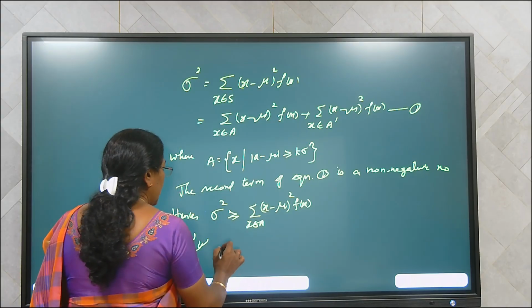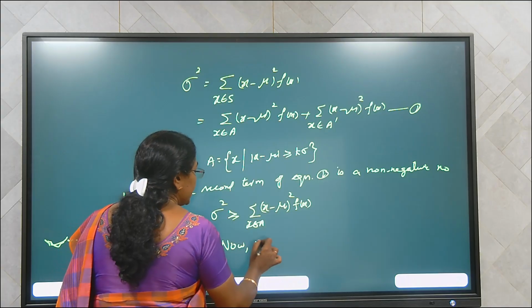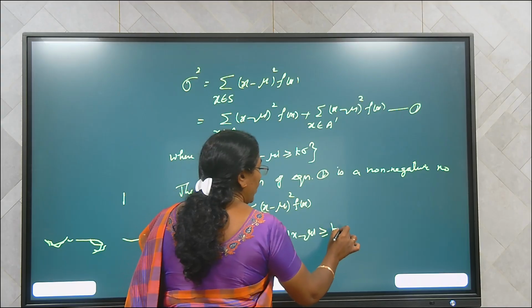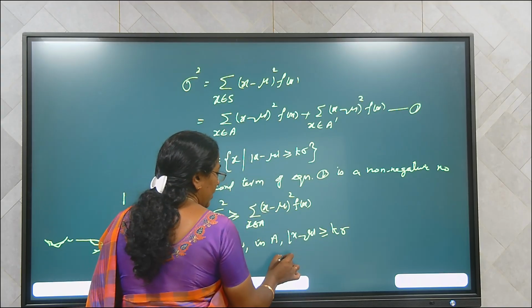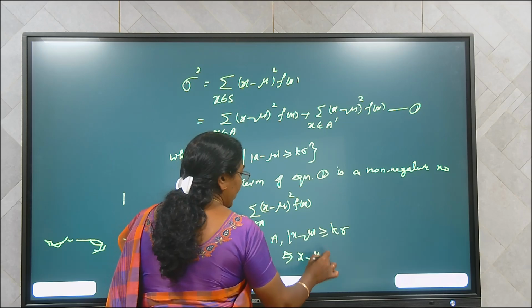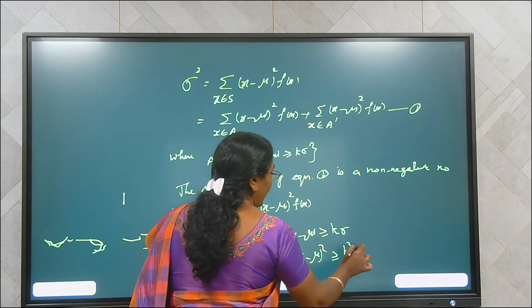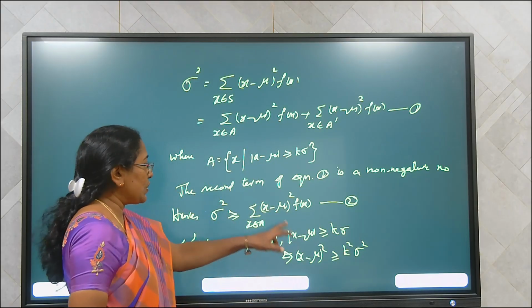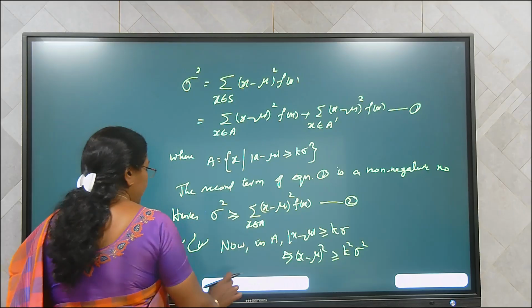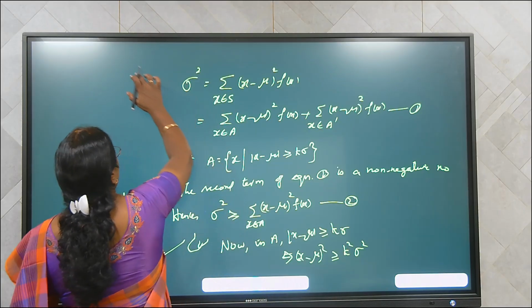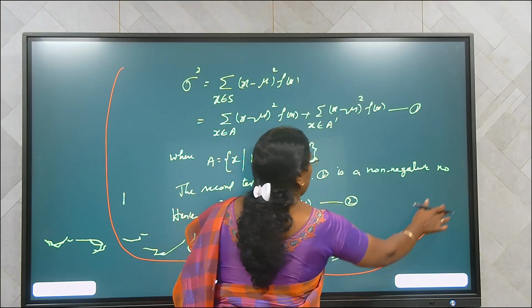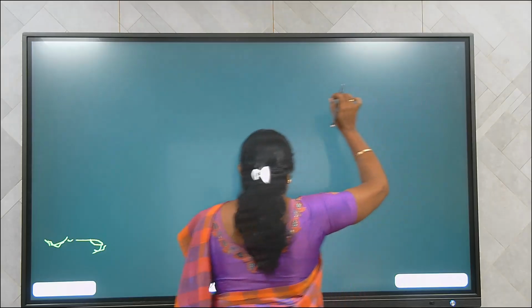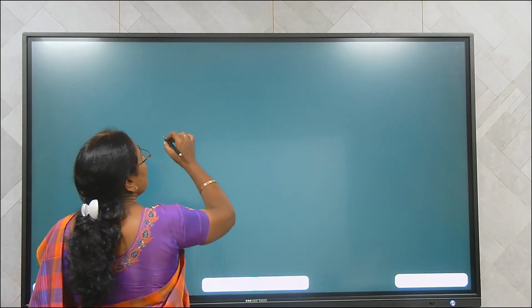Now, in the space A, we have modulus of x minus mu greater than or equal to k sigma. Squaring both sides, x minus mu whole square is greater than or equal to k square sigma square. Therefore, in equation 2 we can substitute for x minus mu whole square.